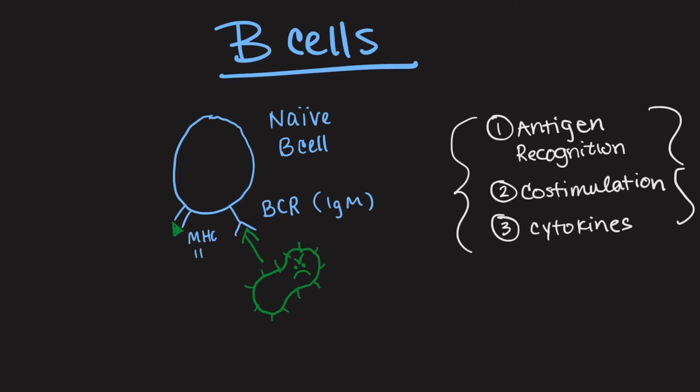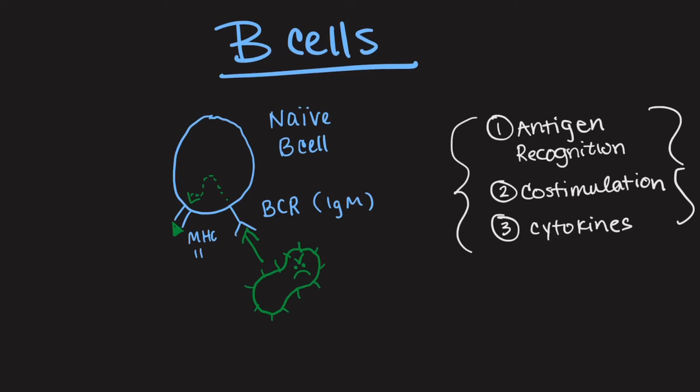So essentially it recognizes the antigen, and then it presents it on its surface. And now this is where the B cell needs a little help. The way I like to think about it is B cells aren't very smart. They can recognize like, hey, this is something, but they don't know whether it's dangerous. They don't know if they need to do something about it.